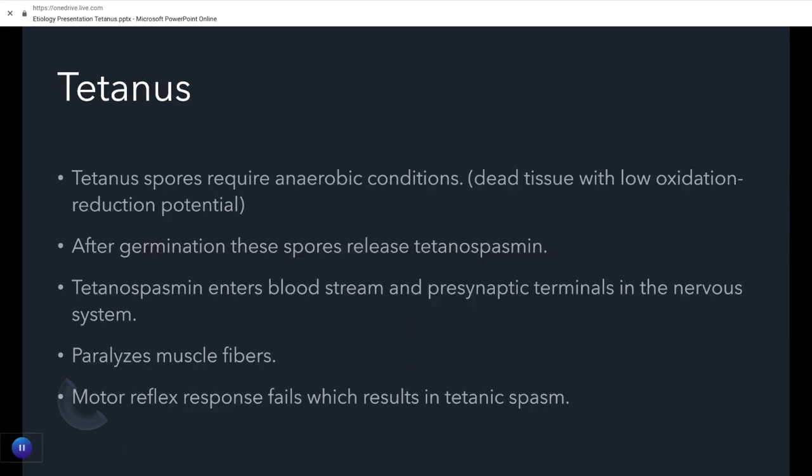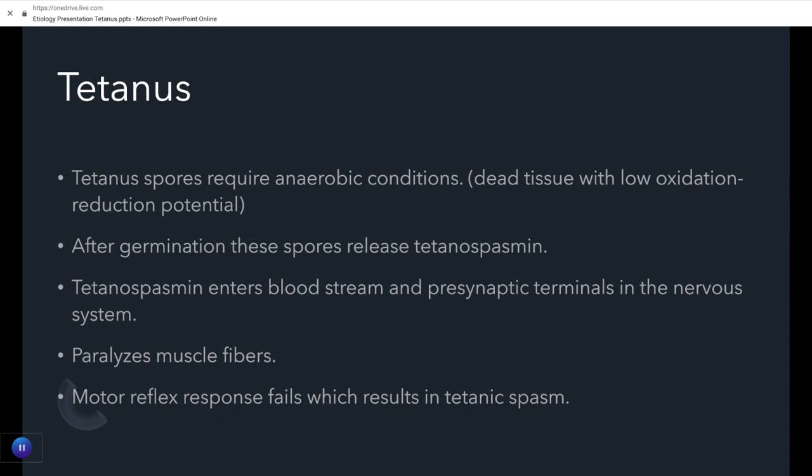So, some more information about tetanus. Tetanus spores require anaerobic conditions, so dead tissue with low oxidation reduction potential is an ideal environment for Clostridium tetani. After germination, these spores release tetanospasmin. Tetanospasmin enters the bloodstream and the presynaptic terminals of the nervous system.